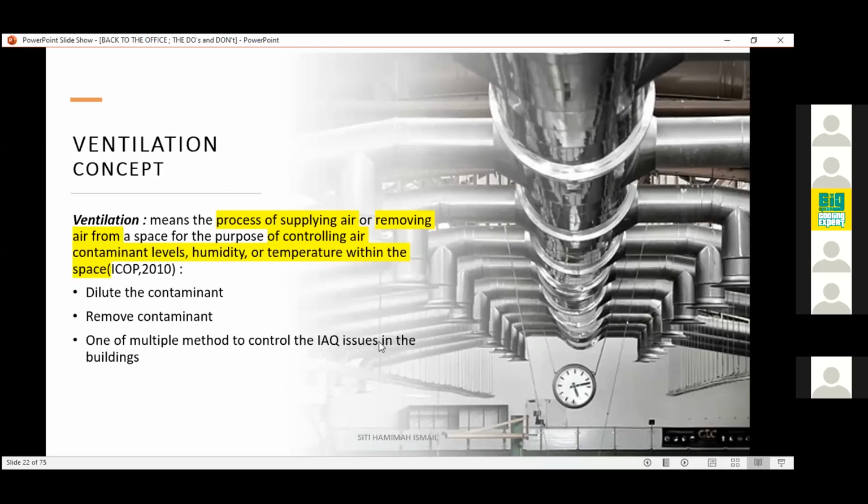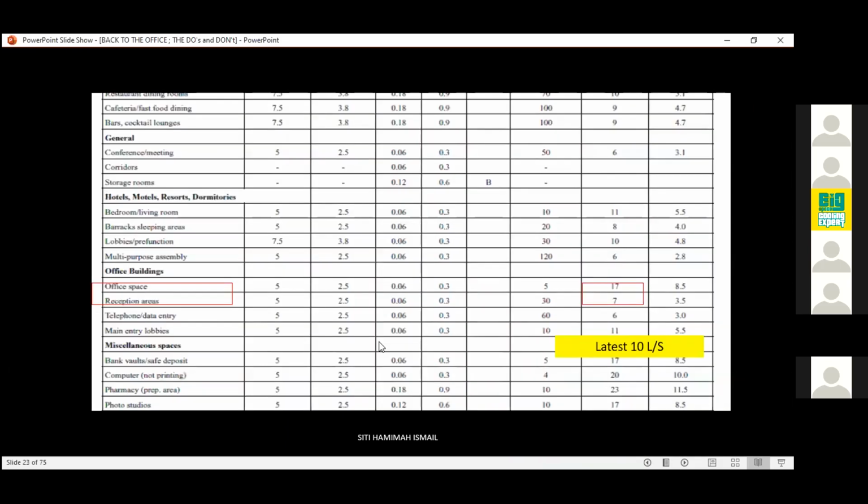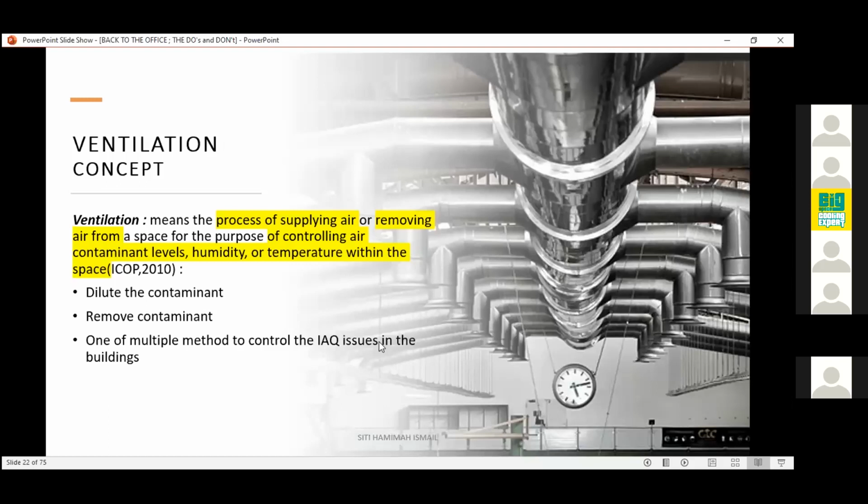So dalam case pandemic management, whether you nak contain ataupun you nak purge, the ventilation concept ni, there's two different things. The problem dengan our building nowadays, sebelum isu COVID pun sebenarnya kita ada issues dengan ventilation. Saya akan kongsikan saya punya study, my PhD work dalam 100 bangunan sebenarnya what is our identification and our result.